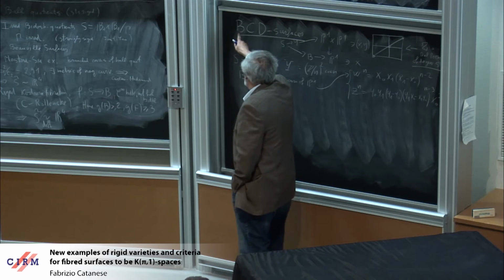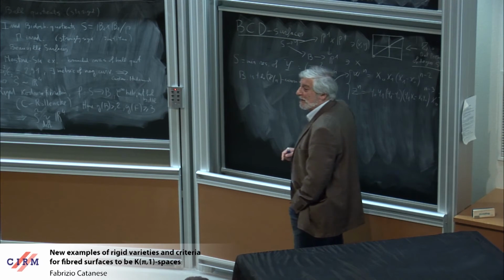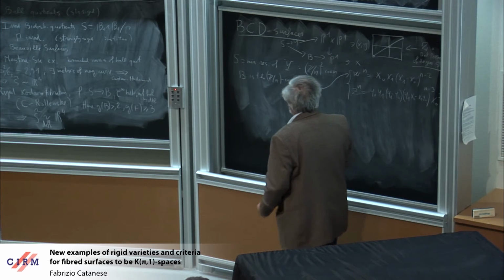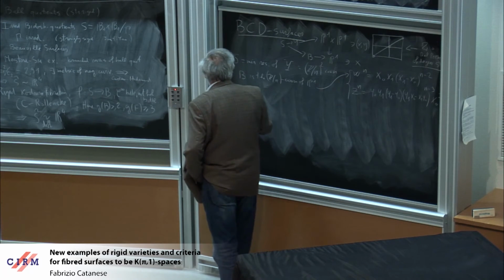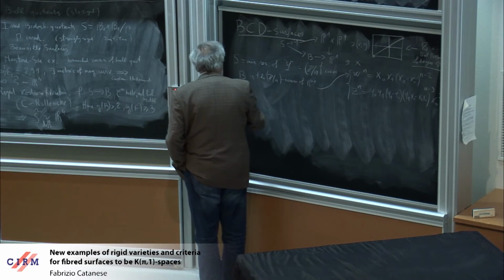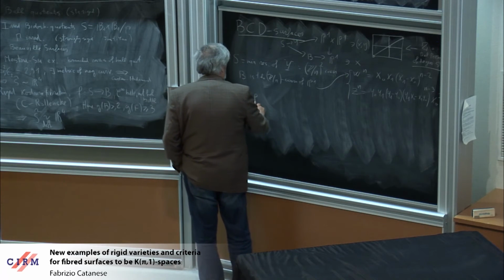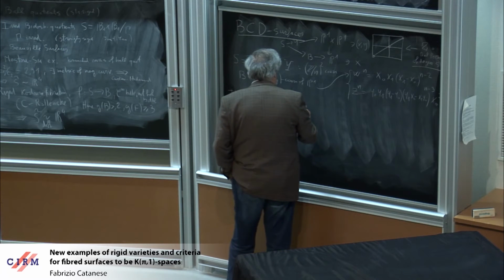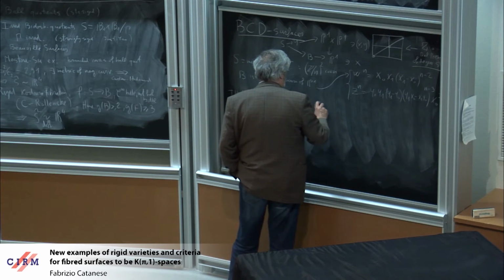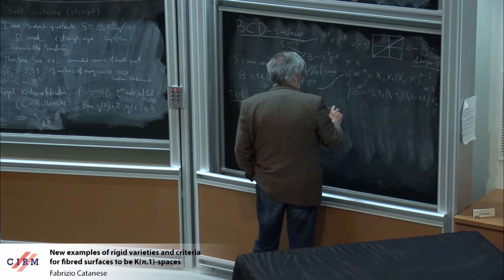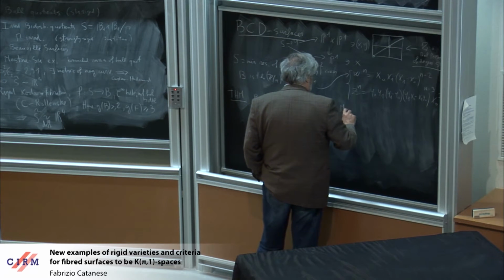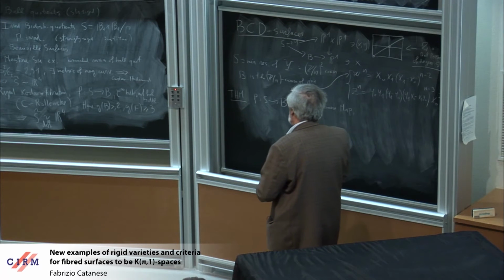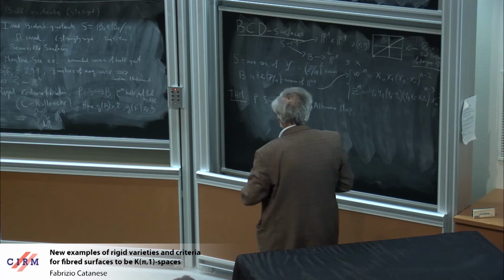So this is Ingrid Bauer and this is Dettweiler. With Dettweiler, we were interested in this because these surfaces have some remarkable features. F from S to B is the Albanese map. So these are not Kodaira fibrations, but they are close in some spirit, which I will explain.